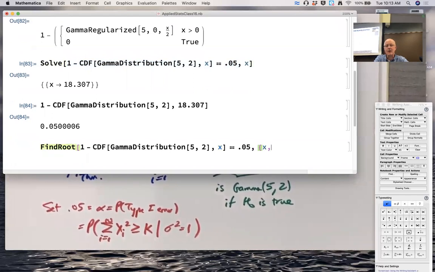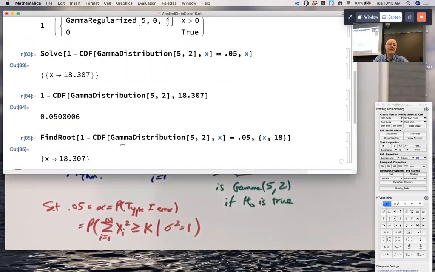Give it a guess, like, okay, how about 18? Yeah, it gives the same answer.